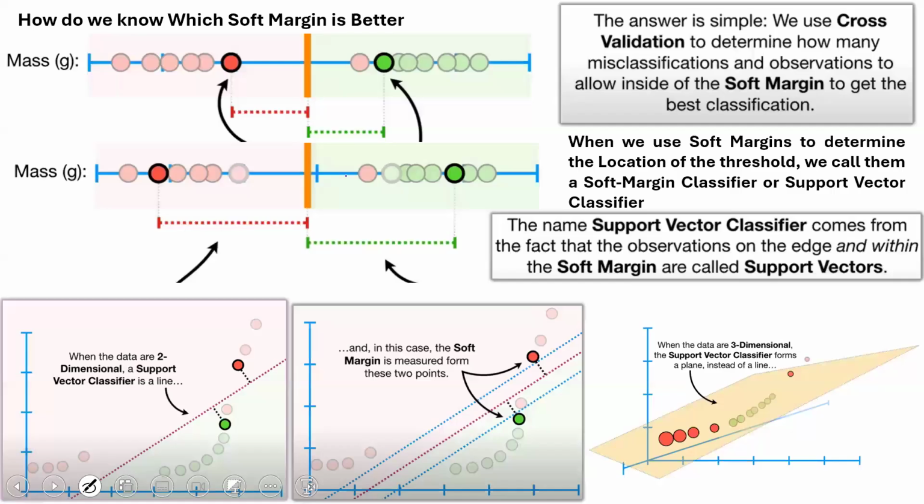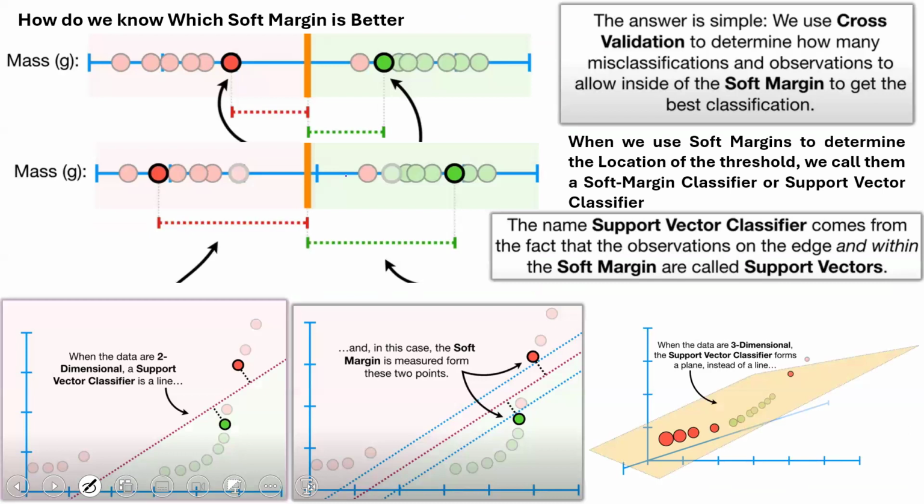Okay, we understood what is a margin, what are support vectors, what is a maximum margin classifier, hard margin classifier, soft margin classifier, soft margin, misclassification and cross validation and all that in support vector machines. Okay, so this is the intuition behind understanding support vector machines.